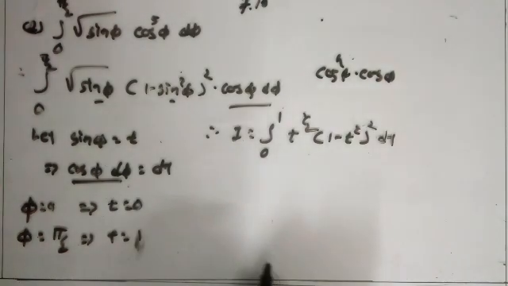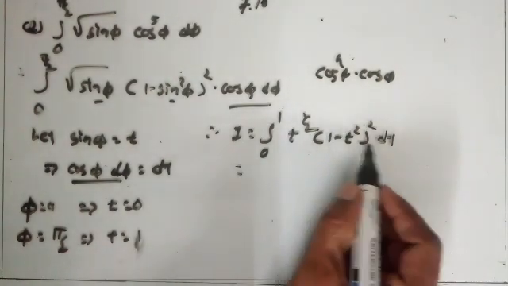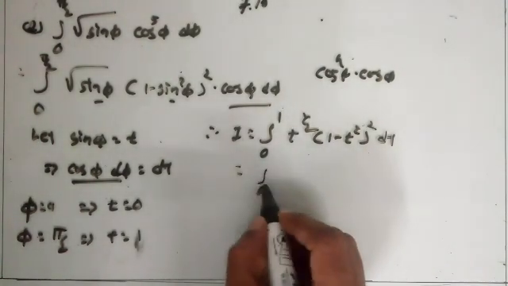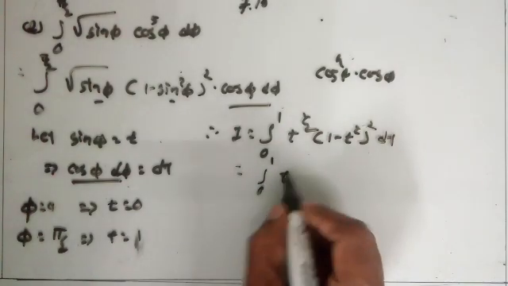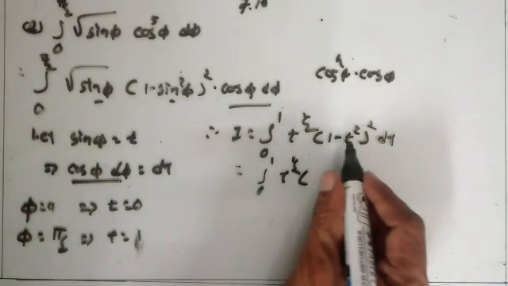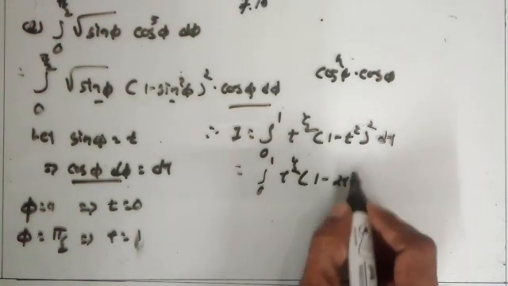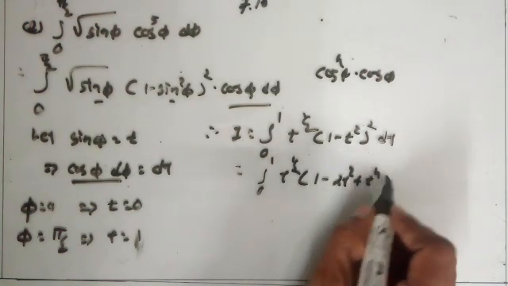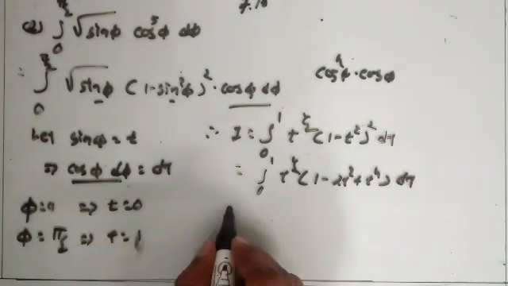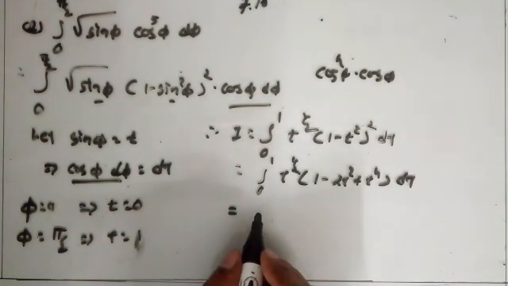Clear? Now split this. Integral from 0 to 1 of t raised to 1 by 2 into (1 minus t square) raised to 2, which is 1 minus 2t square plus t raised to 4, dt. Clear?